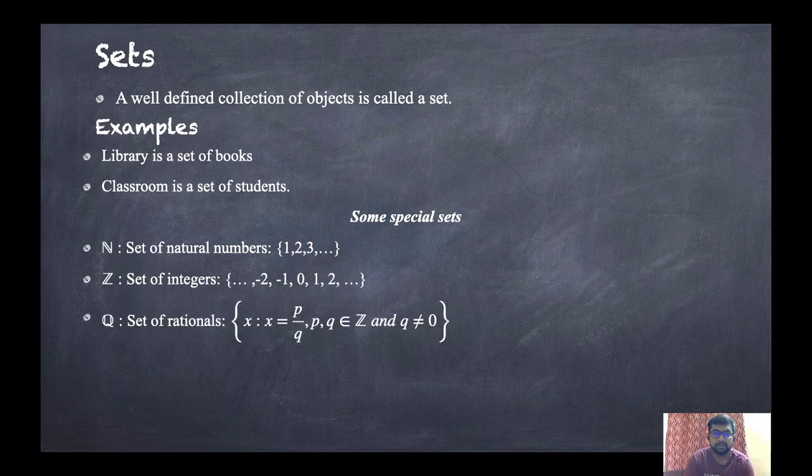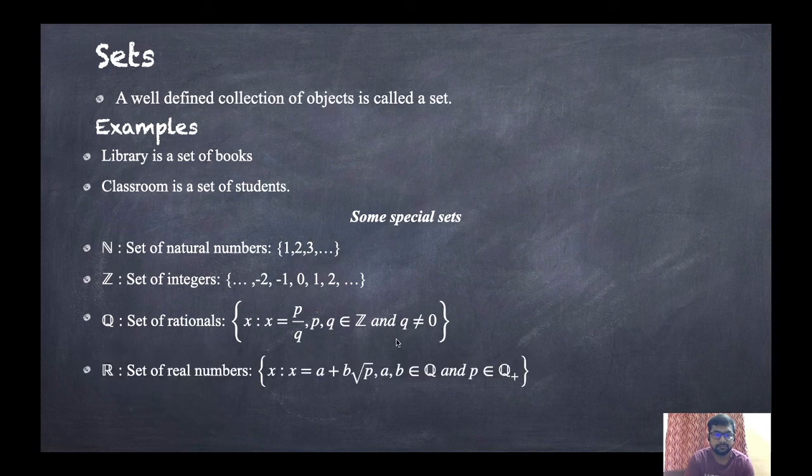Now Q, that is the set of rational numbers, the set of all x such that x is of the form p by q, where p and q belong to Z, that means the set of integers, and q is not 0 because otherwise it will be infinite.